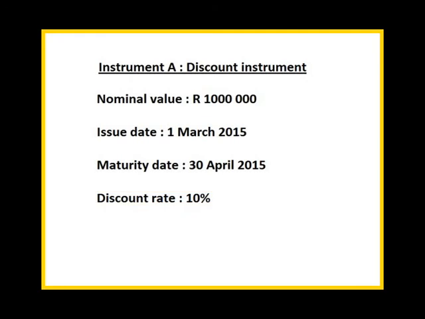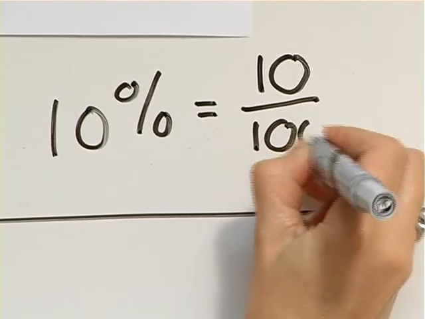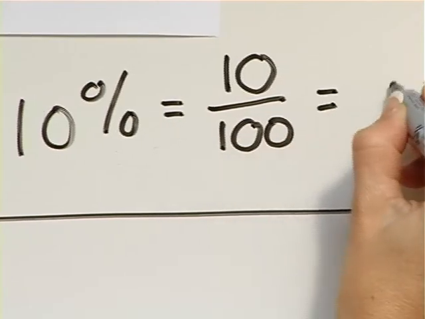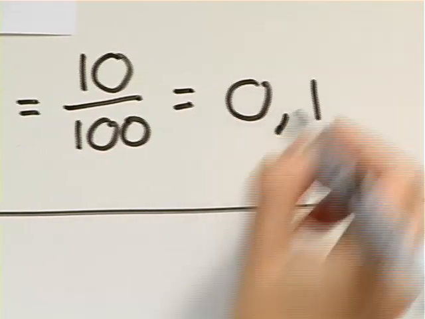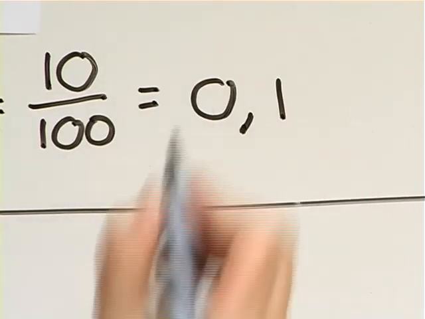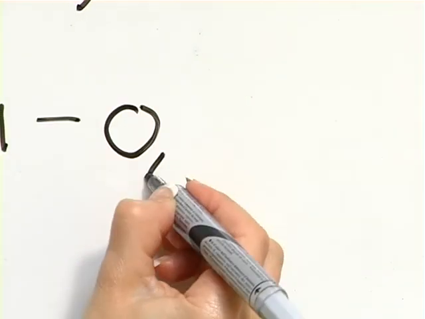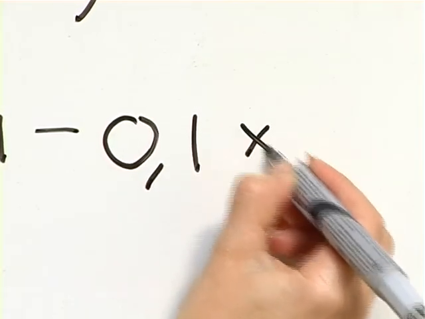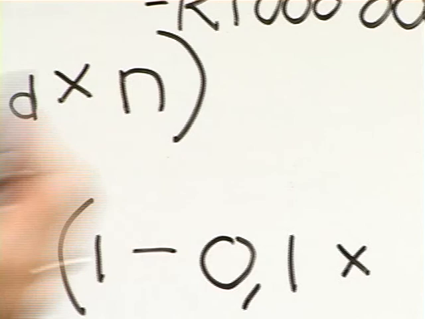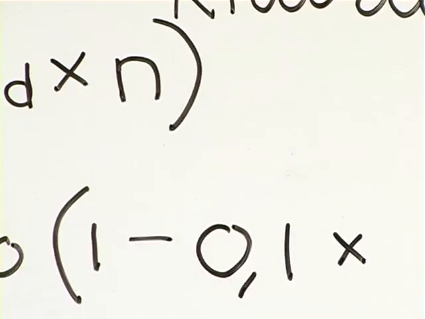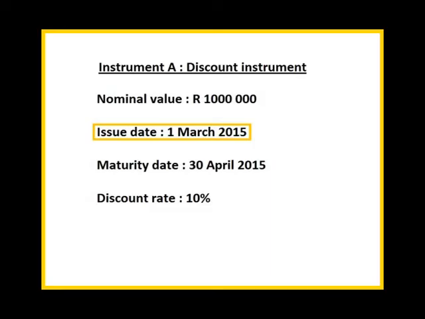Now 10% is the same as 10 divided by 100, so it is equal to 0,1. So we're going to use 0,1. And then we have to use N. Now, N, as we said previously, is the portion of the year left until maturity.